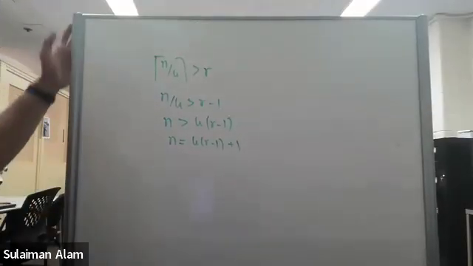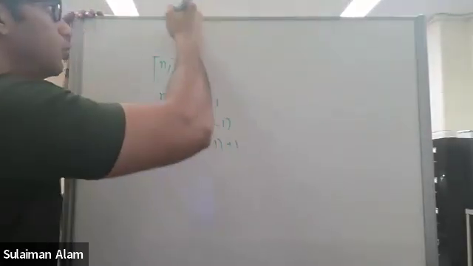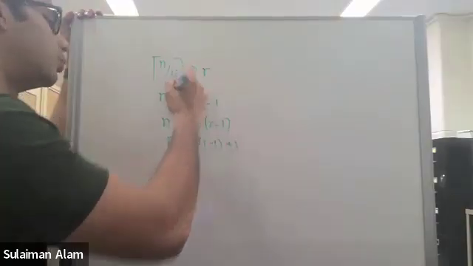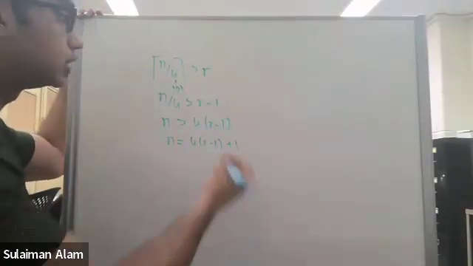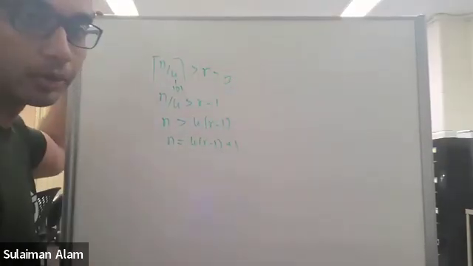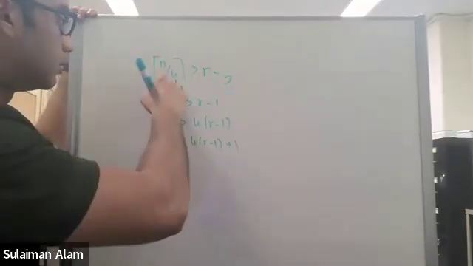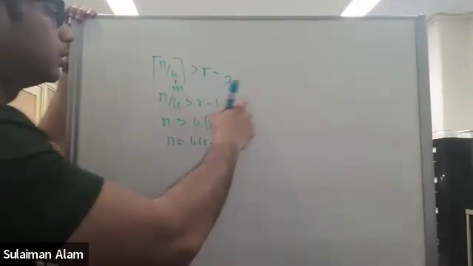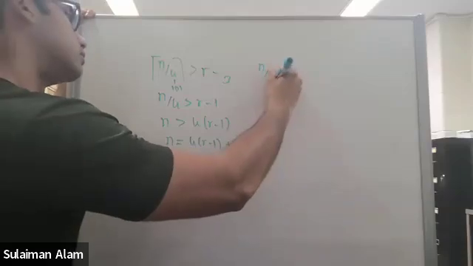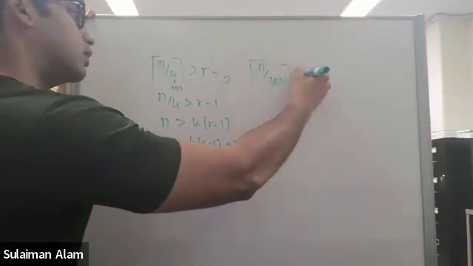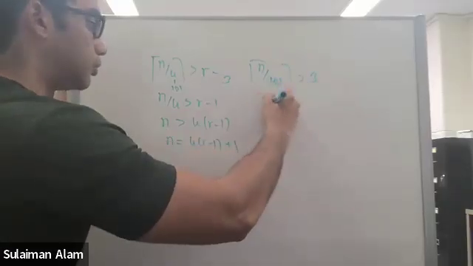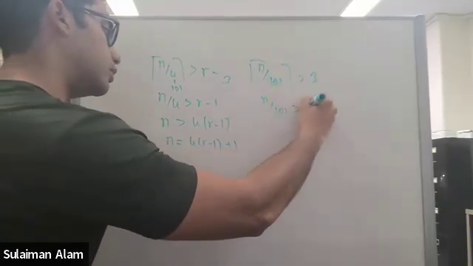So once again, we have an example. I want to find the number of people, let's do the example with the grades. K is 101 for 101 possible grades, 0 through 100. R is, say instead of two, let's say three people. We want three people to have the same grade. So we want to find the number of people. Is it going to be N over 101 is greater than 3, right? Subtract 1, that drops the ceiling.